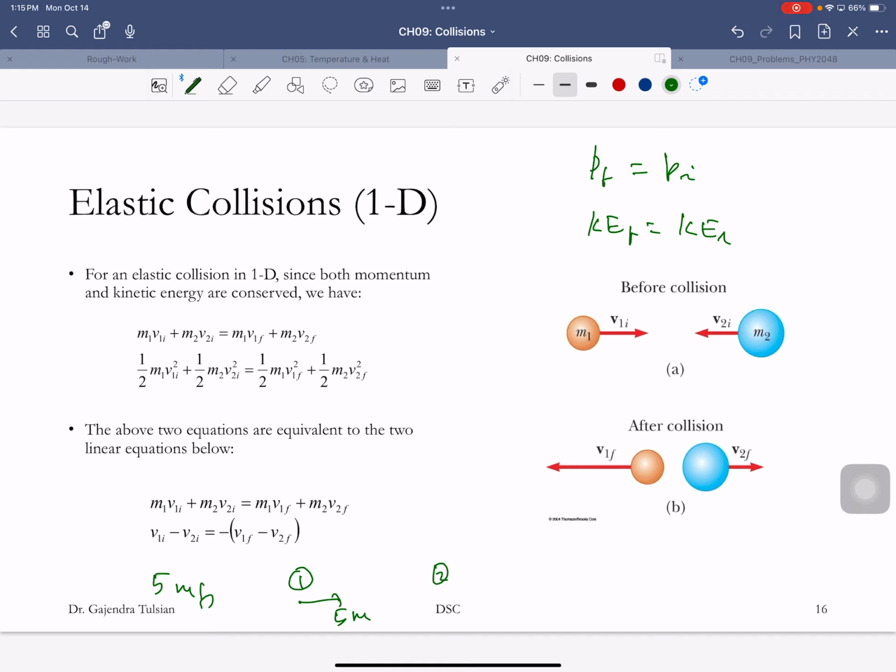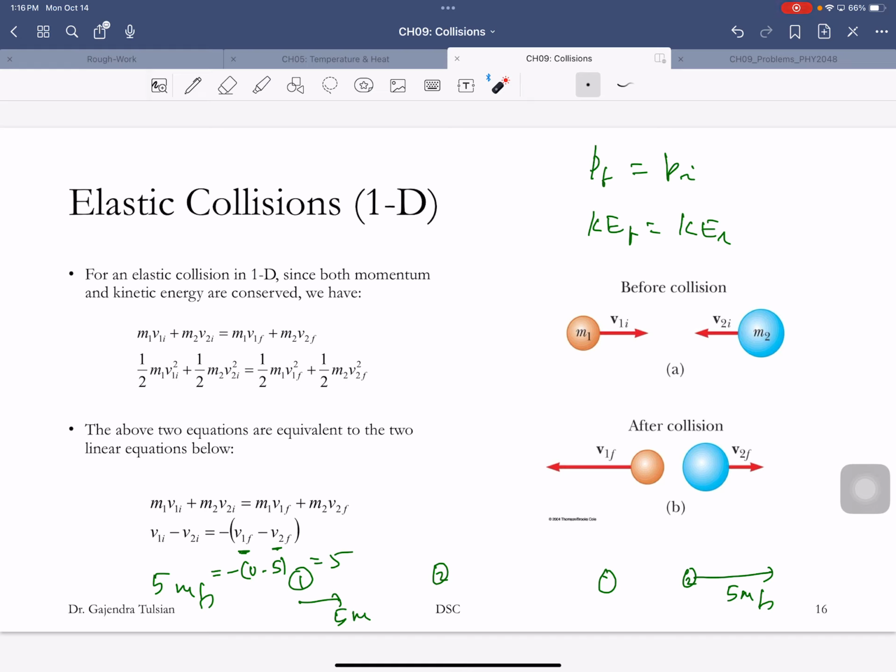And after the collision, this guy has to go off at 5 meters per second. This would be 0. And V2 final is 5 meters per second, so it would be minus of 0 minus 5, which is 5 meters per second. So if it's an elastic collision, this guy moves off at 5 meters per second.